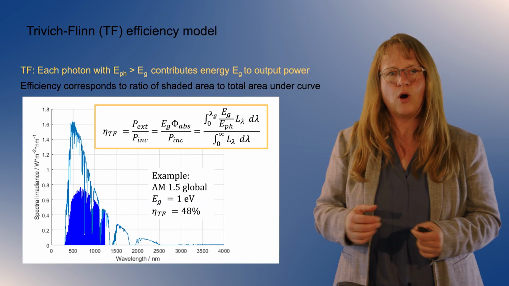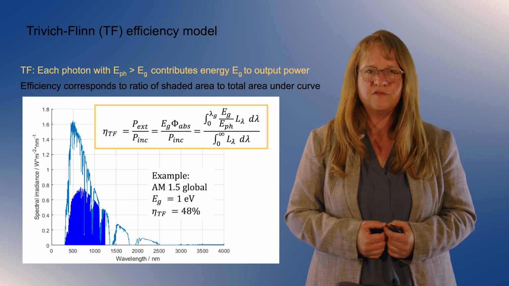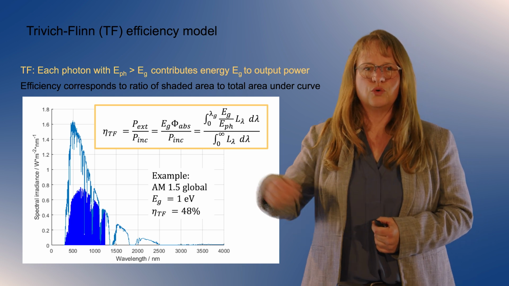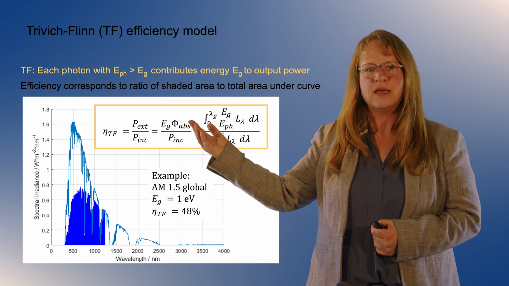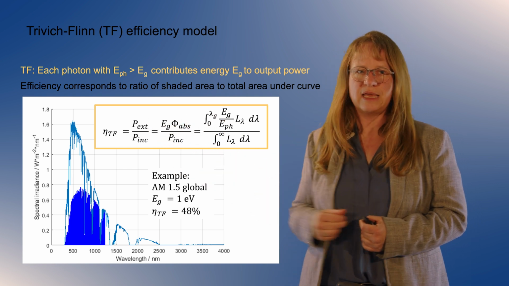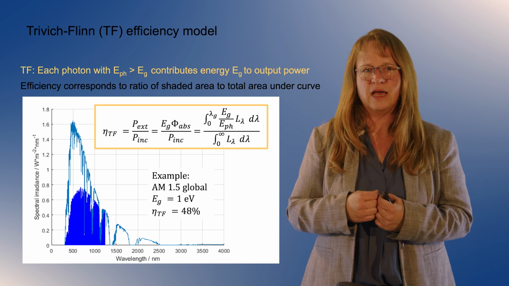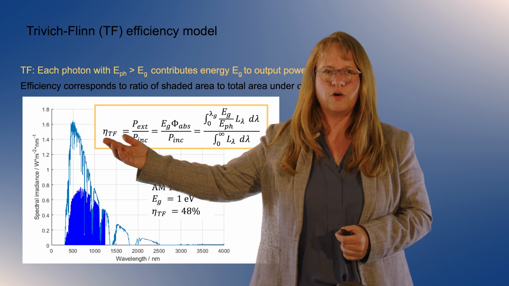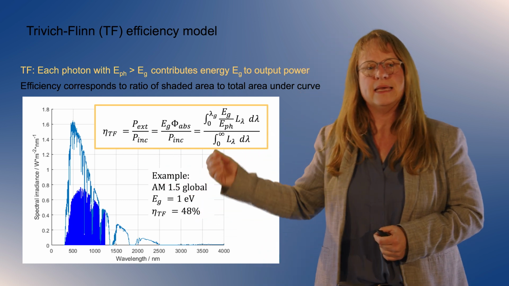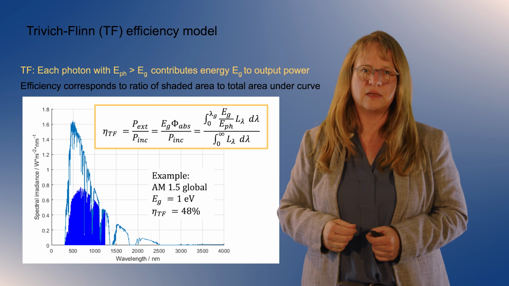And the simple model now, the Trivich-Flinn model that was published in 1955, says that all of the photons that are absorbed need to be multiplied with a band gap energy Eg. That gives the power that we can extract from the solar cell, and the efficiency following the Trivich and Flinn model is then this external power divided by the incoming power.